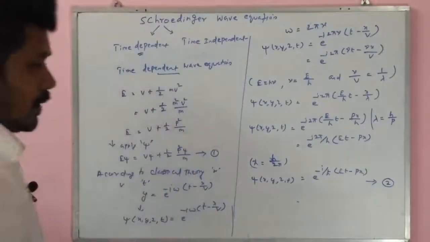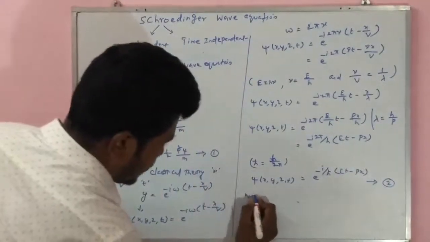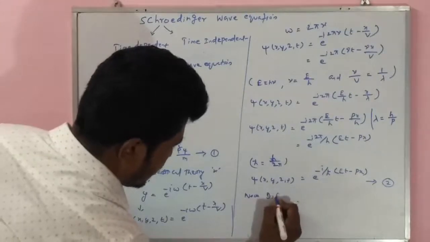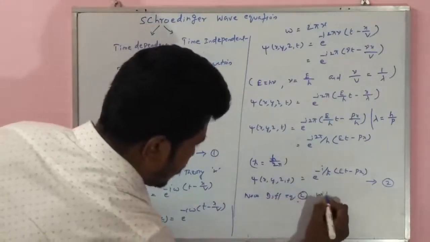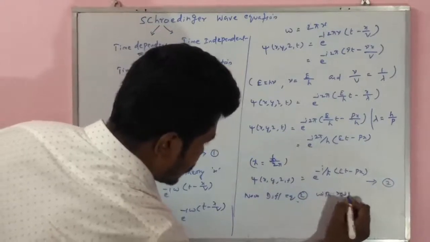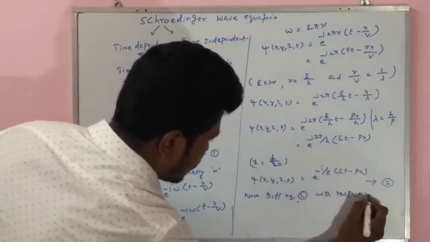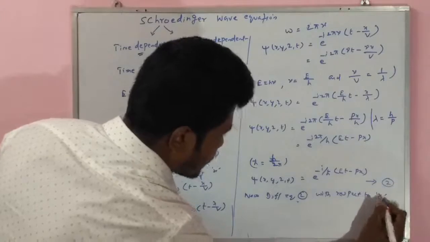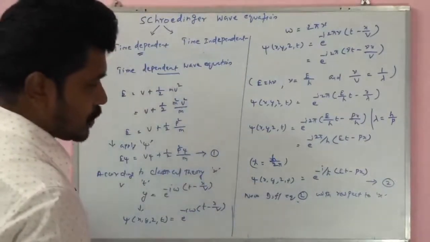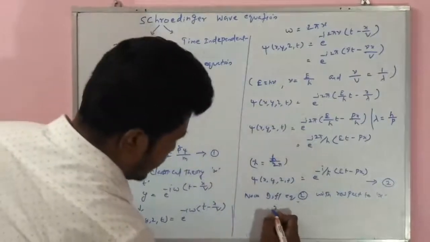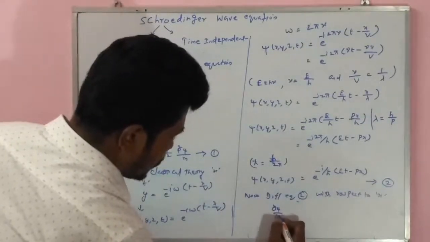Okay. Now differentiating equation 2 with respect to t, here the value is dou psi by dou t.